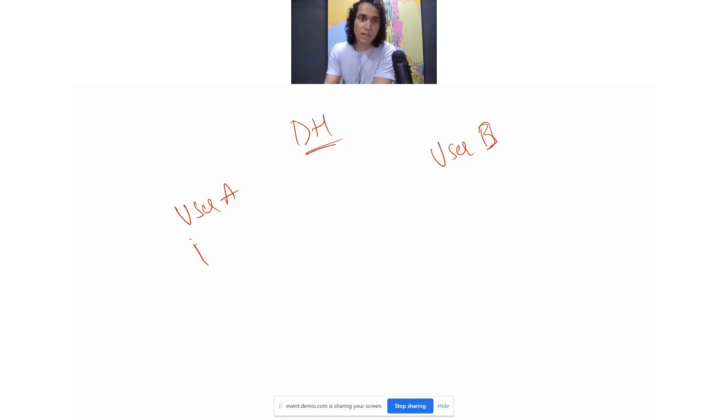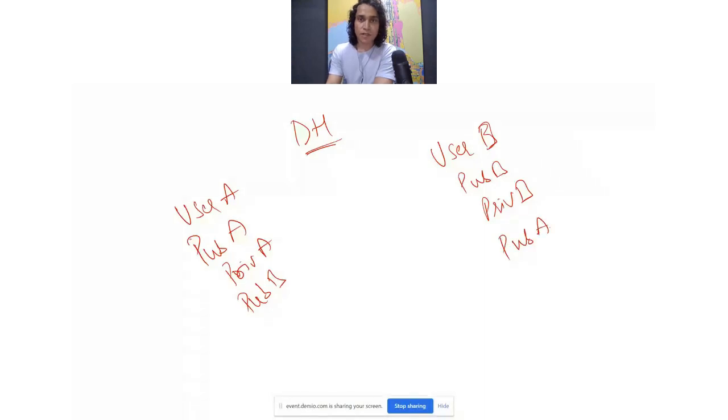So what happens is they say, all right, let's use Diffie-Hellman. And with Diffie-Hellman, they generate two keys, a public key and a private key. And this user also generates a public key and a private key. And then they exchange each other's public key, because public keys can be exchanged, right? So now user A has got three keys, and user B also has got three keys.